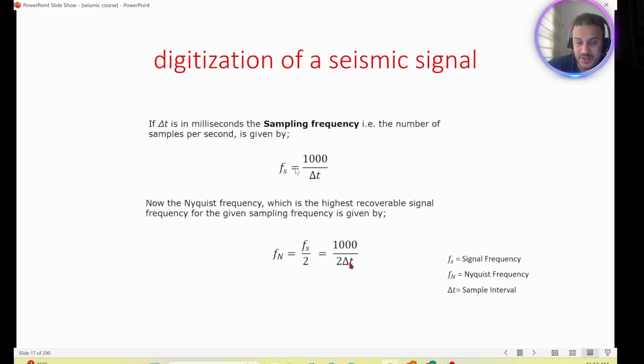So when you calculate the sampling frequency, you have to divide it by 2 to get the Nyquist frequency. The Nyquist frequency is like a default value. Any value above the Nyquist frequency is considered a problem signal, and we need to cut it.